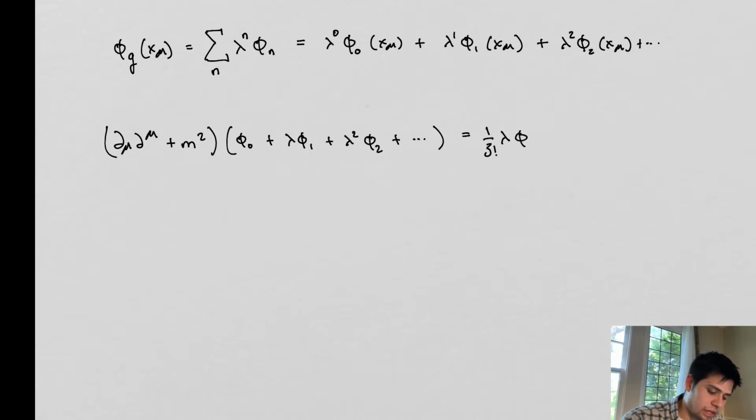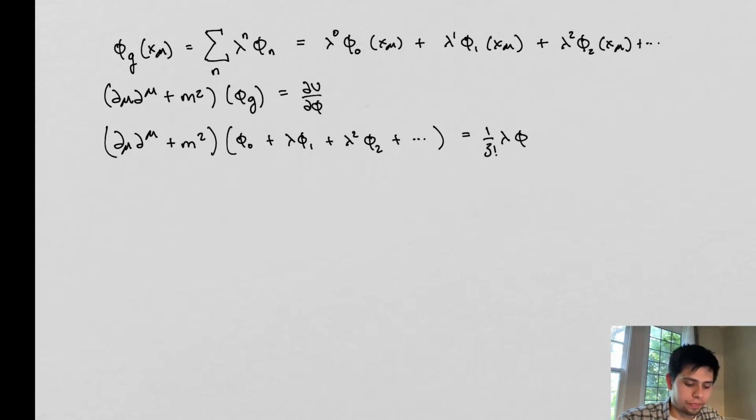Because what we're saying is that this is essentially m squared times phi, equal to our derivative of our potential with respect to phi.